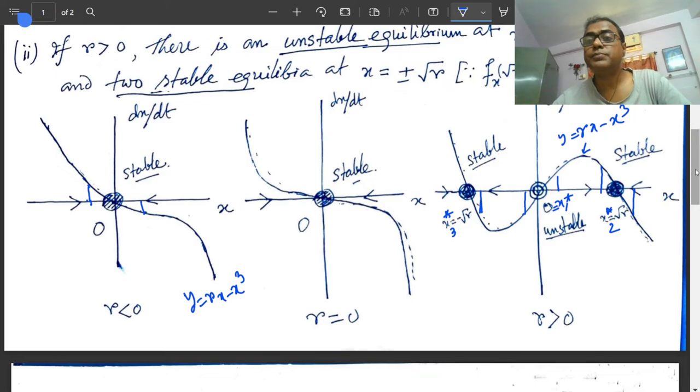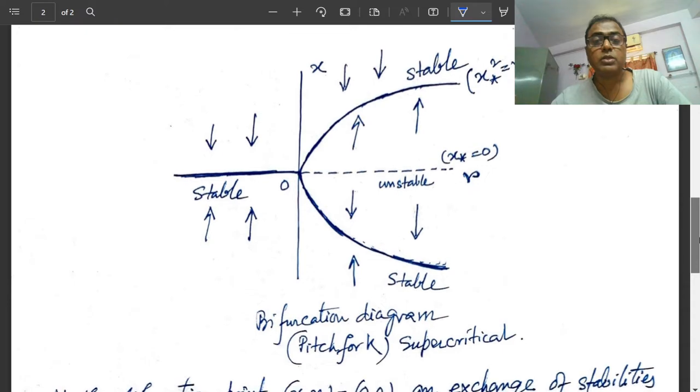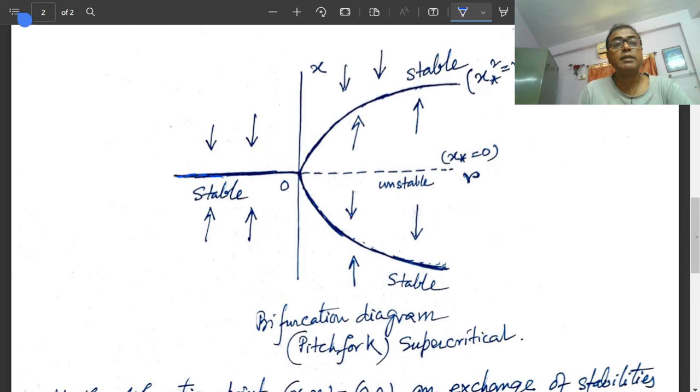Now we draw the bifurcation diagram. The horizontal axis is the r axis, and the vertical axis is the x axis. So when r is negative, we get only one critical point, x star equal to 0. This is the thick line, x star equal to 0.